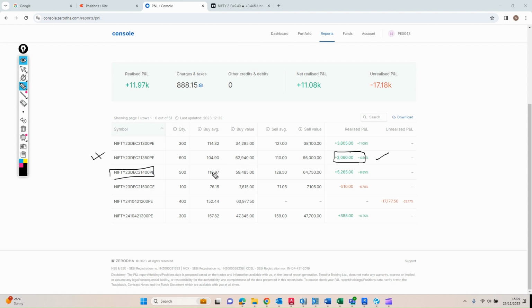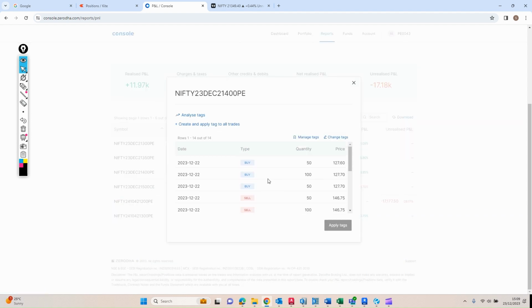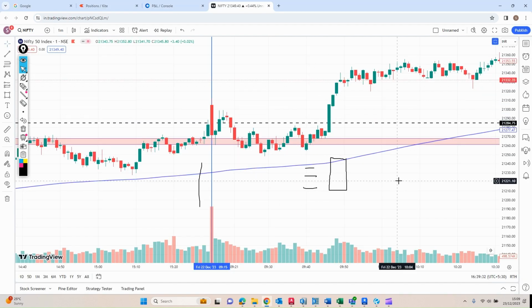However, the logic was simple. On the 21,400 PE, let me show you the breakdown of this. I entered around 22nd yesterday, where I bought four lots at an average price of 127.6 exactly. Let me show you the price action that formed.